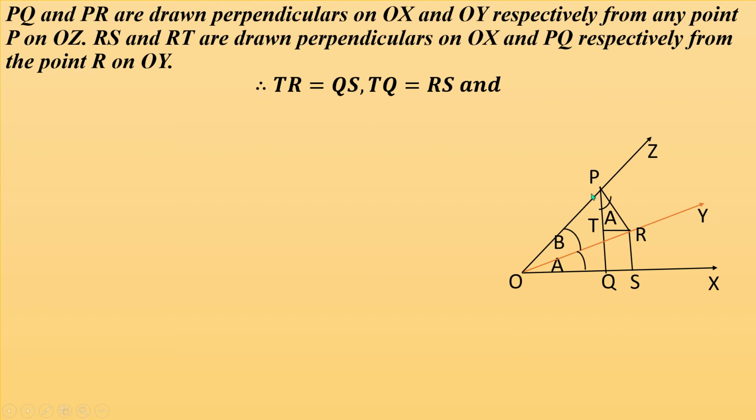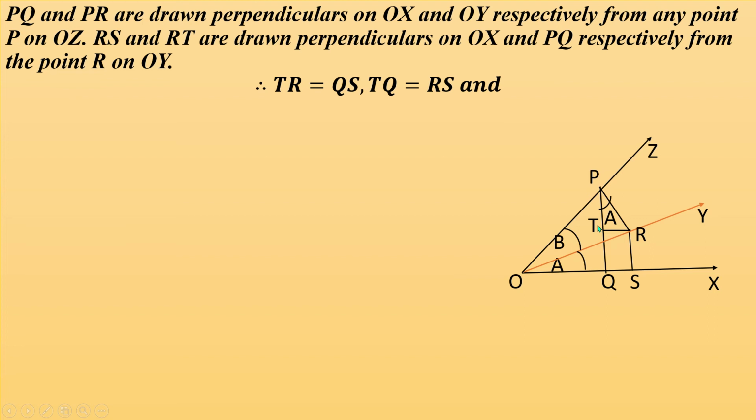As for example, TPR, PRO, ORS, OPQ, TR, all are right angle triangles, because PR is perpendicular to OY, TR is perpendicular to PQ, PQ is perpendicular to OX, RS is perpendicular to OX. So these are right angle triangles.